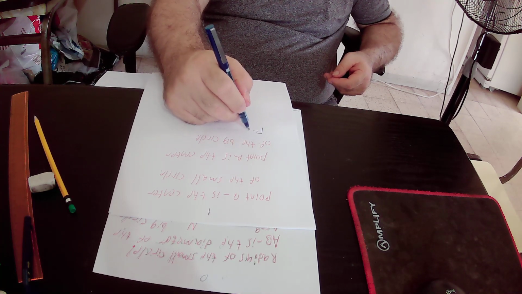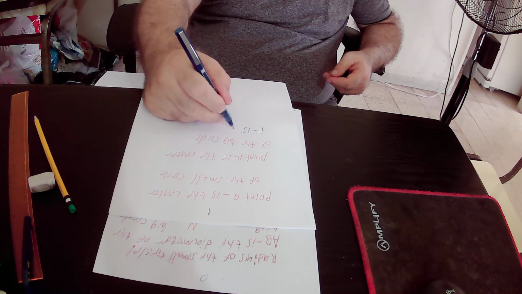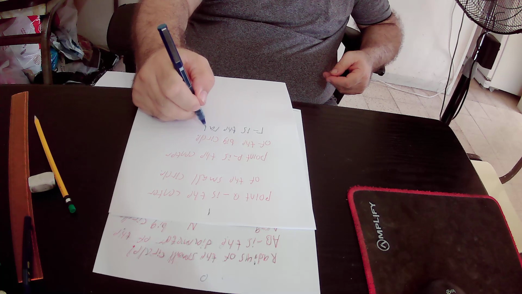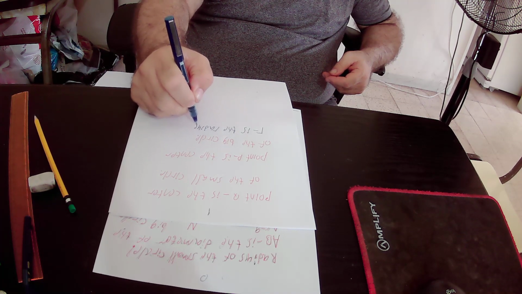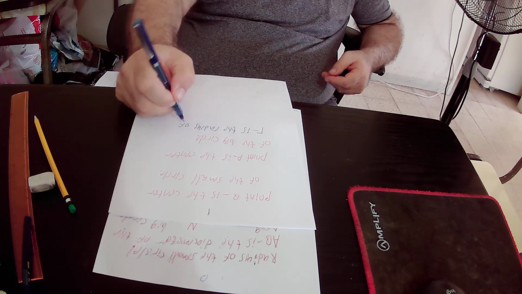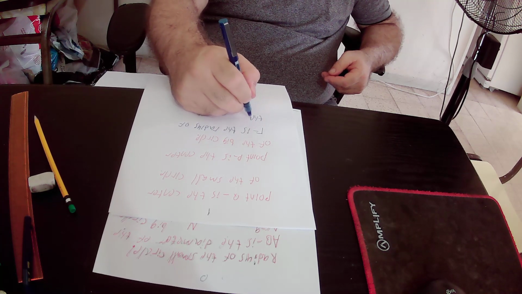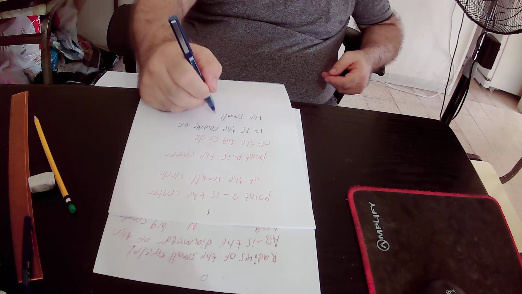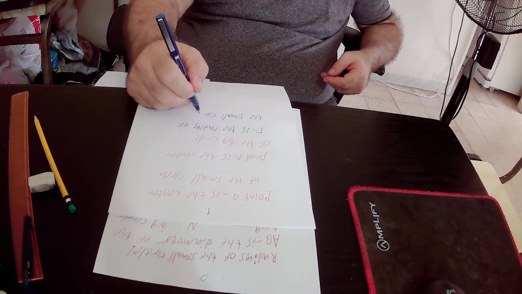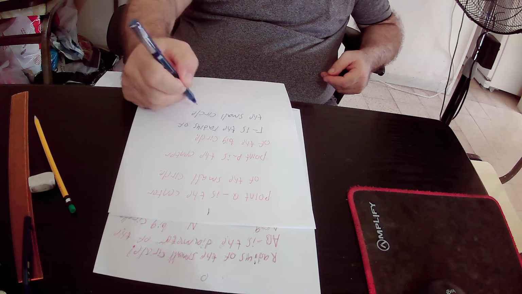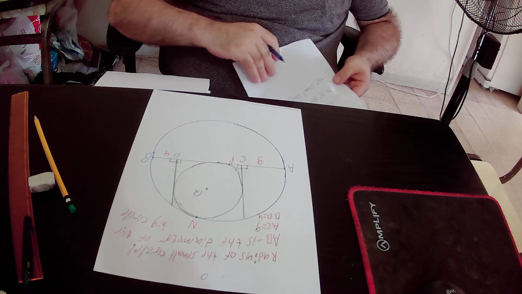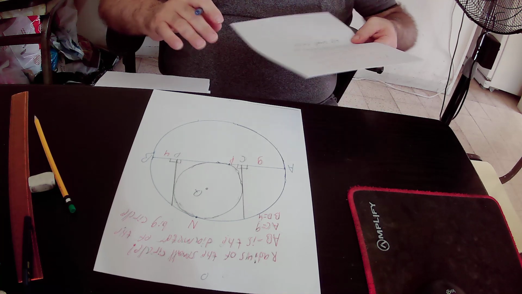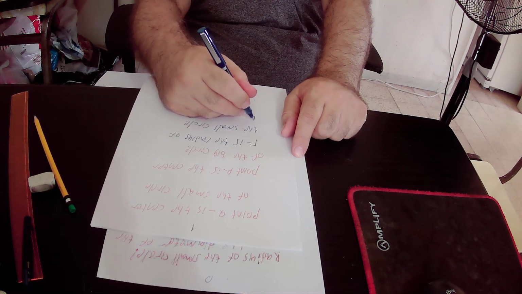Small r is the radius of the small circle, and capital R will be defined as the radius of the big circle.